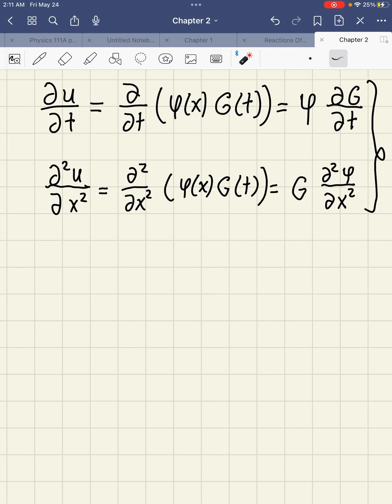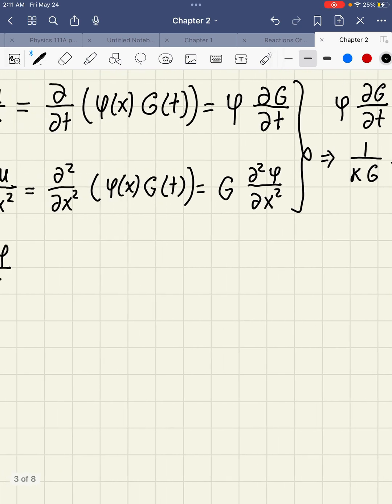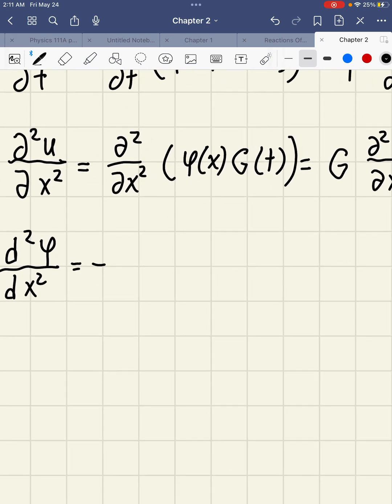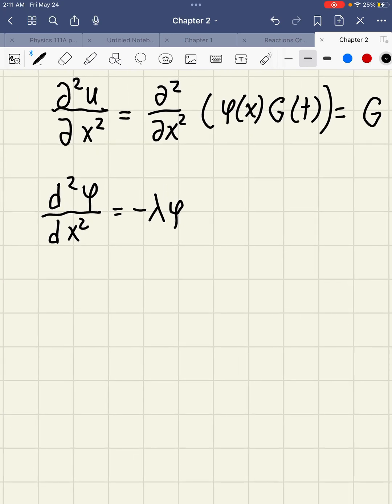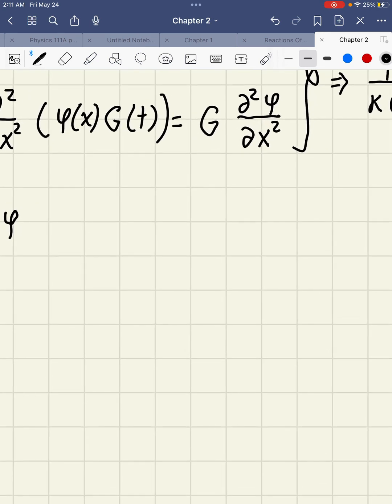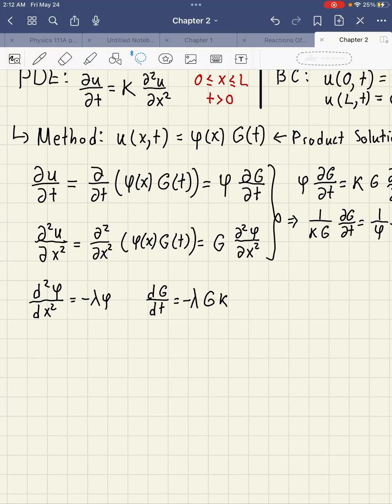So I can rewrite the same differential equations as ordinary. The second derivative of phi with respect to x, multiplying all the coefficients on the other side, is equal to negative lambda phi, and the ordinary derivative of g with respect to time is equal to negative lambda k g.